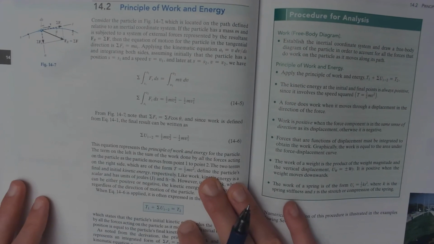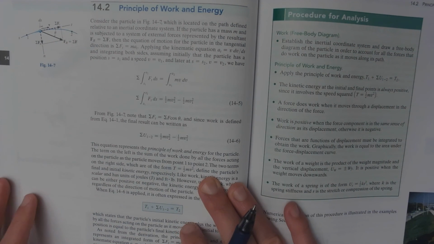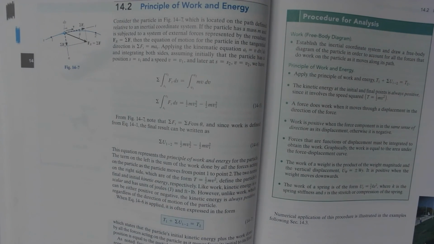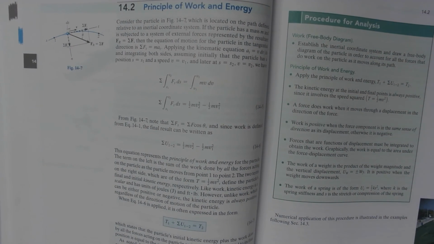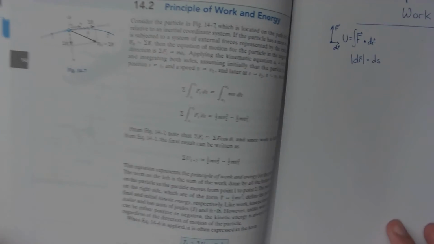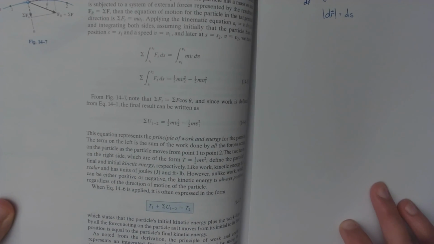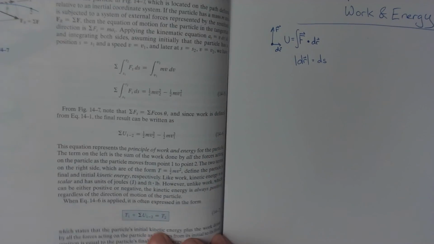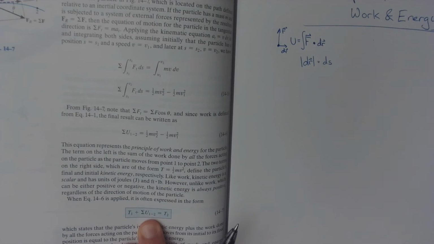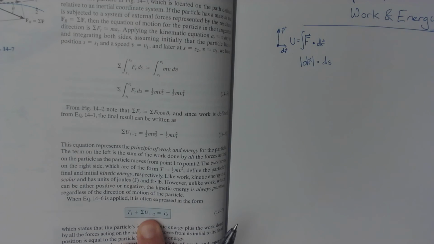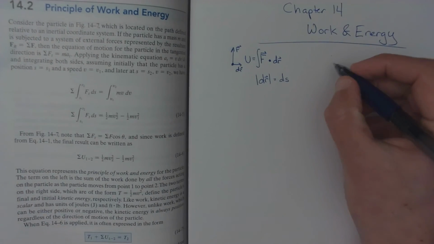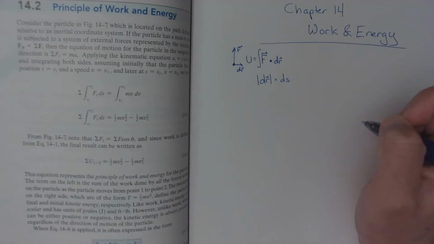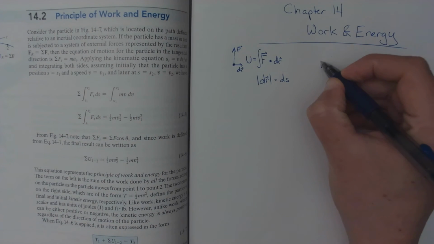Okay, now in section 14.2, we come to the principle of work and energy, which you may remember from Physics 161, and I think it would be worthwhile just to rewrite this equation as you saw it in Physics 161 so it doesn't look so strange to you. So this is the sum of all of the work done on the object. So this I'm going to call the total work, and I'm going to write it how we would have seen it in Physics 161.